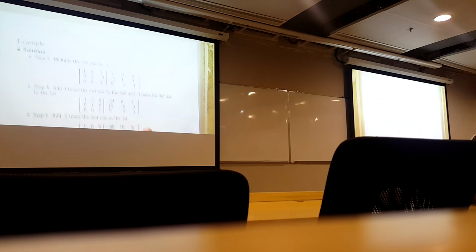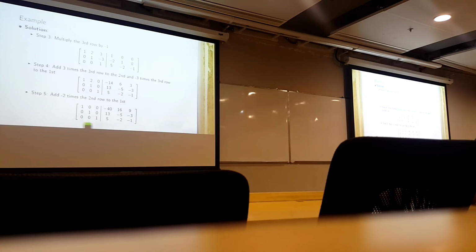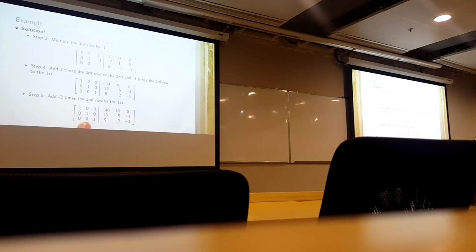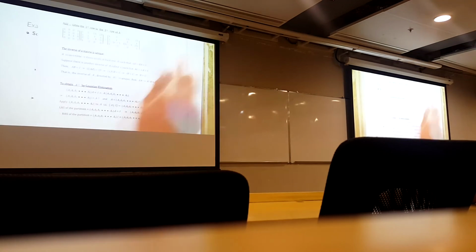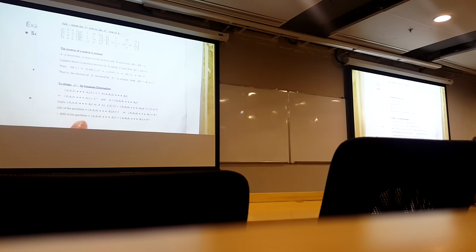This is the process. I have written down all this for you. Whenever the left-hand side becomes the identity matrix, the right-hand side is its inverse. Now the proof of it is not difficult. The proof is here. This is the proof I've done.